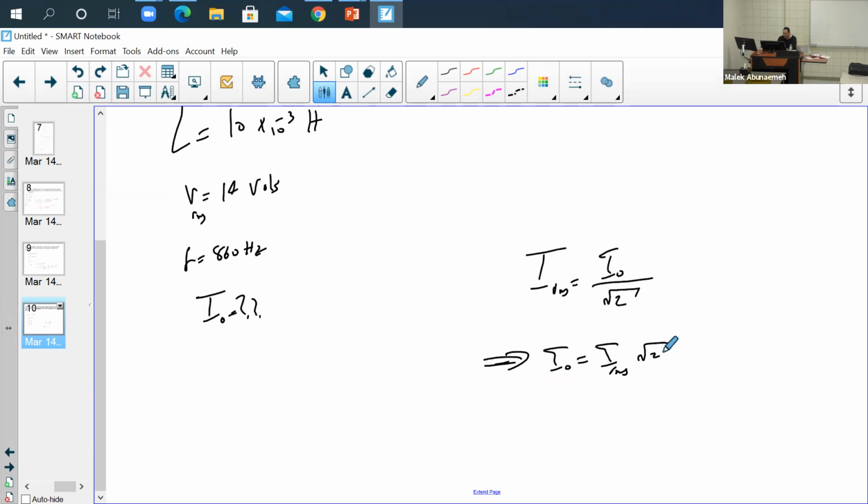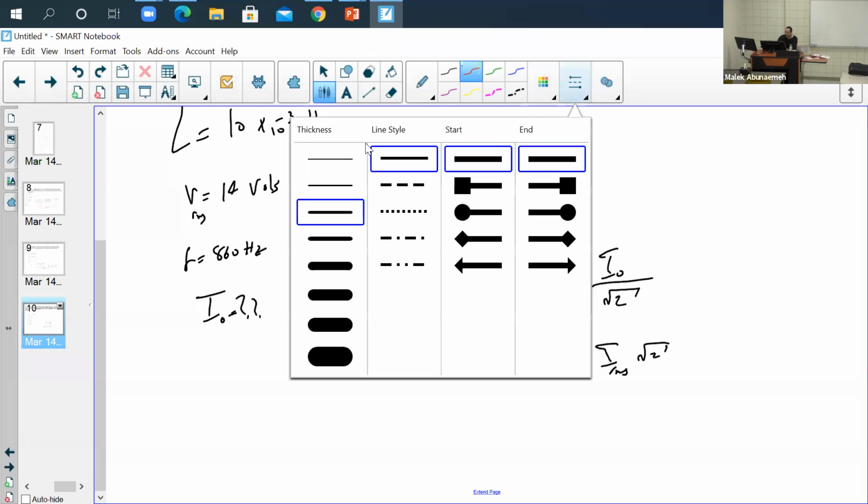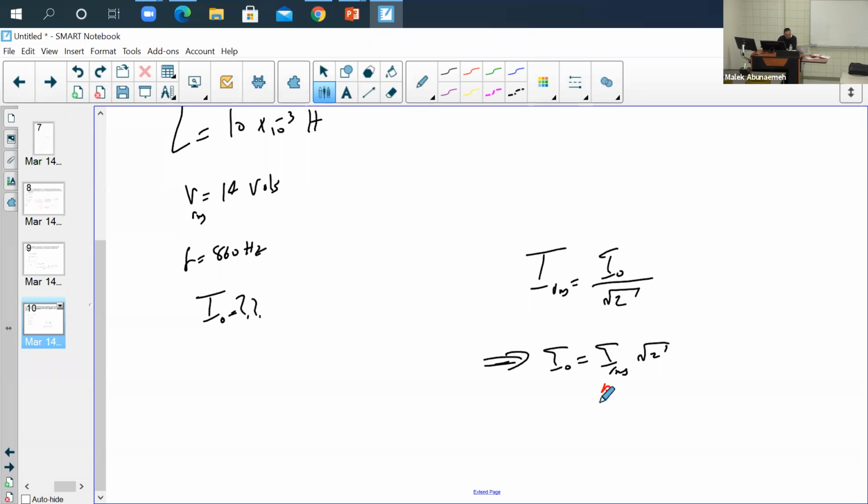Now, in order for us to find the root mean square current, your root mean square current is going to equal to your voltage RMS divided by your XL.